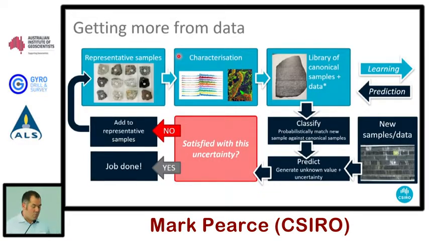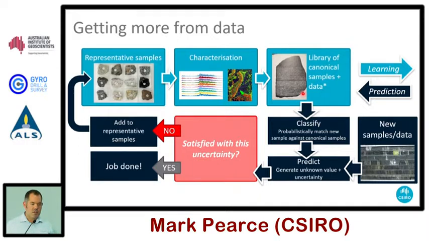One approach we've taken in the past with multiple sets of data is a machine learning approach. This is a workflow diagram showing how, when we have coincident sets of data from representative samples that cover the variability within our deposit or our exploration tenement, and we have some kind of characterization data, we can build a library of samples that overlap, that we have all these data types for, which is like our Rosetta Stone.